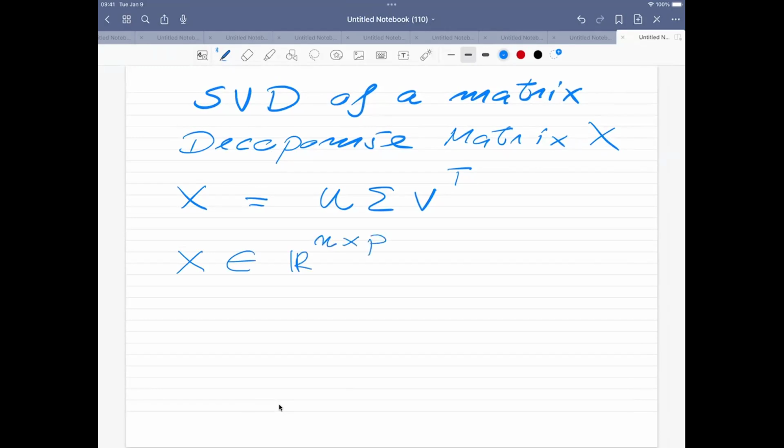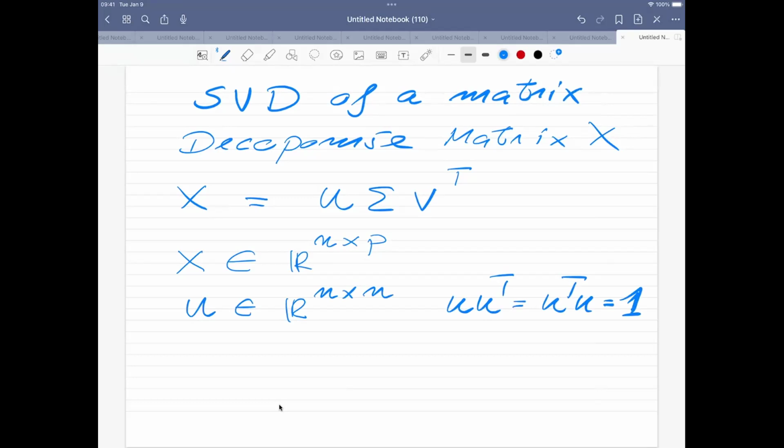Now U is a unitary matrix which has dimension n times n, and this matrix is unitary, so that means that U times its transpose is equal to U transpose times U, equal to 1, the identity matrix.